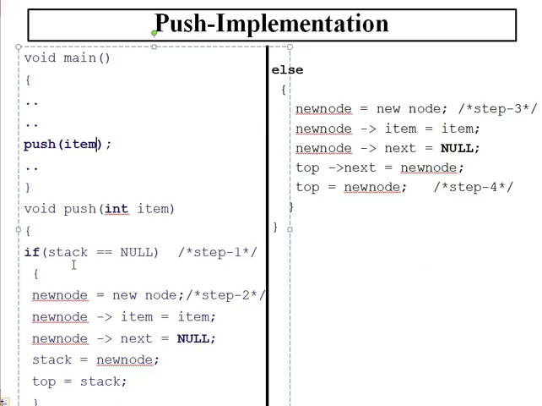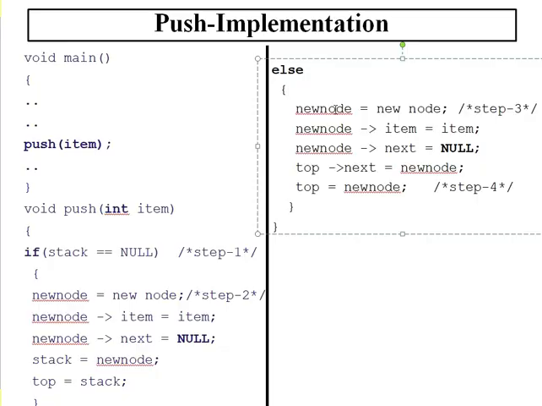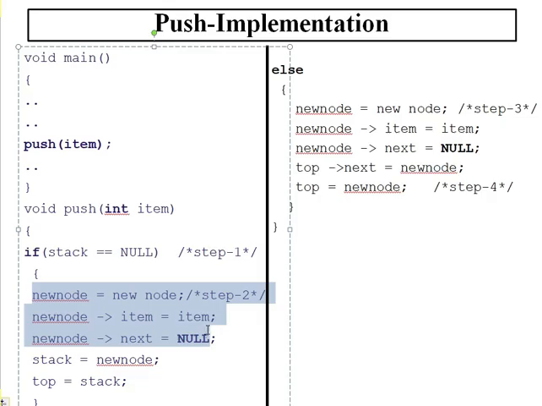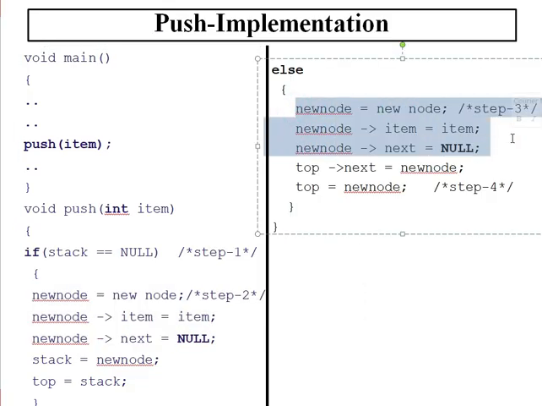If the stack is not empty, that means the stack already has one or more nodes. So we should move to the else part, and we take the same step as here.